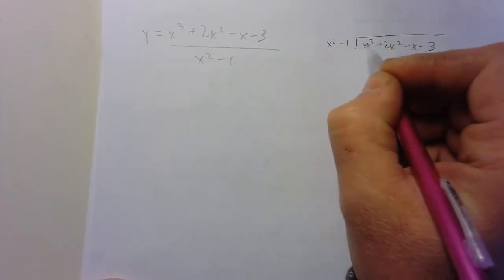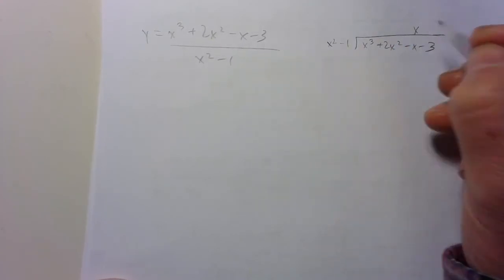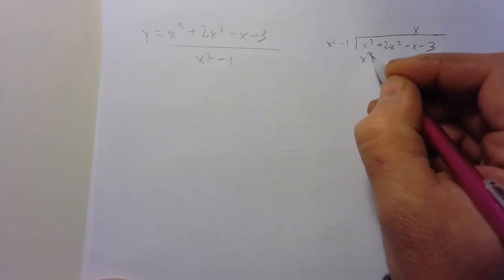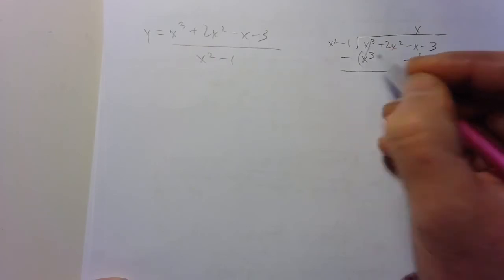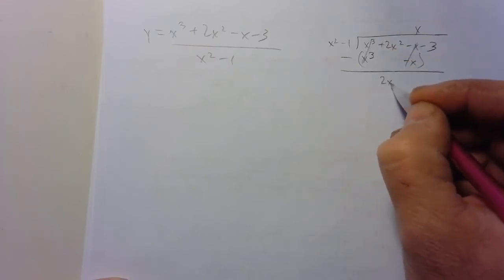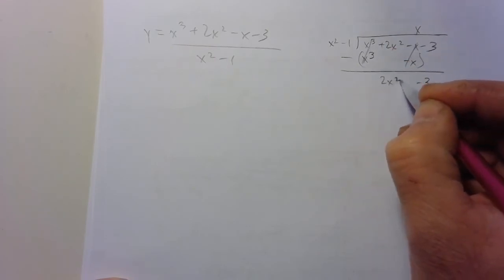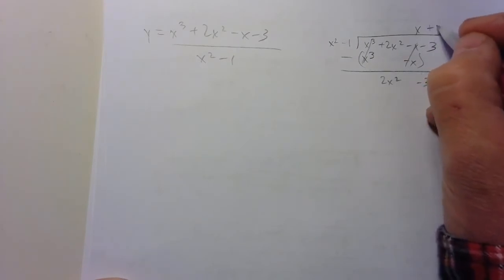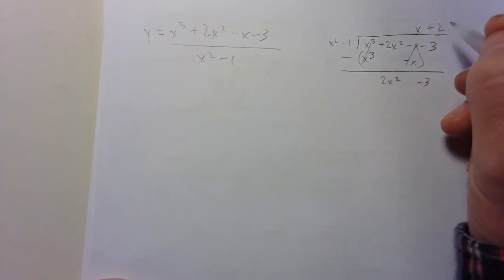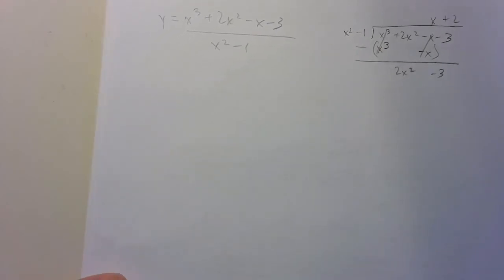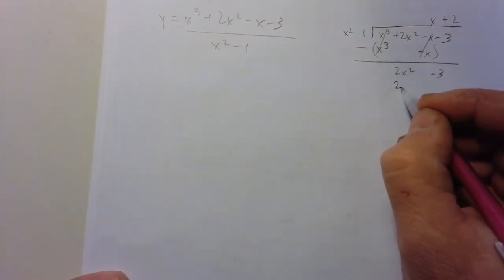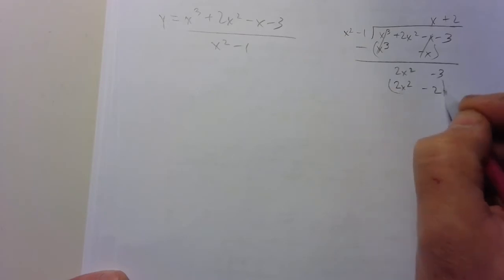Okay, how many times does x squared go into x cubed? It goes in x times. So those cancel, those cancel. By the way, I'm picking convenient examples so that they cancel. They don't always cancel, but they could. Okay. So 2x squared minus 2. Subtract that.